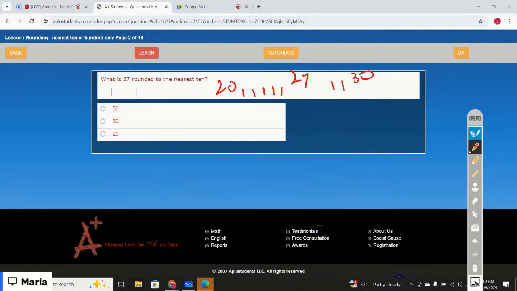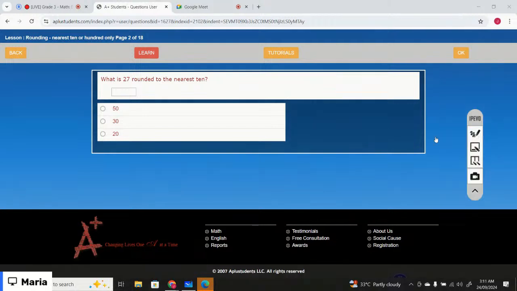So it would be rounded off to 30. The correct option is 30. 27 is rounded off to 30. Got it?